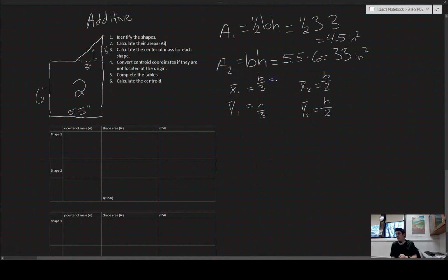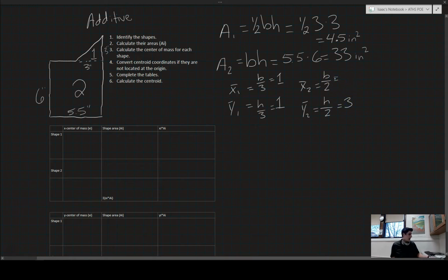So the center of mass for our triangle is going to be 1 and 1, because the x-coordinate that we have is 3 inches, and the y height that we have is 3 inches. Now, these are local coordinates, and we will have to take care of that in a moment, but I'll come back to that in a second. For our rectangle, the height, 6 divided by 2, our centroid is at 3.